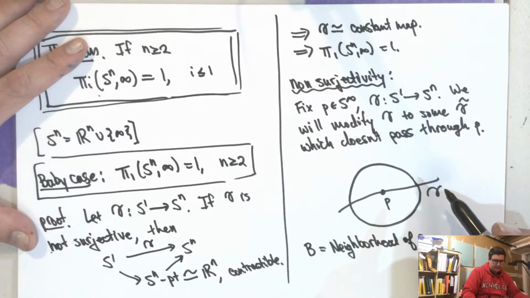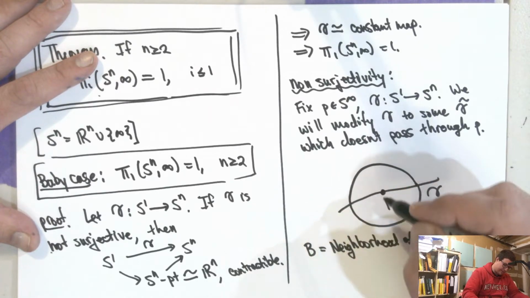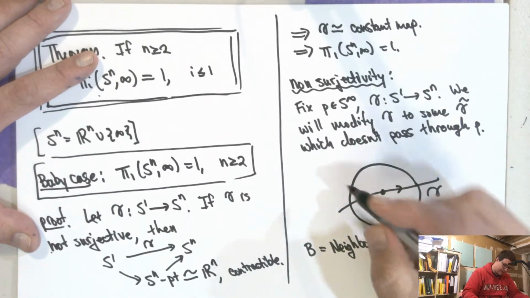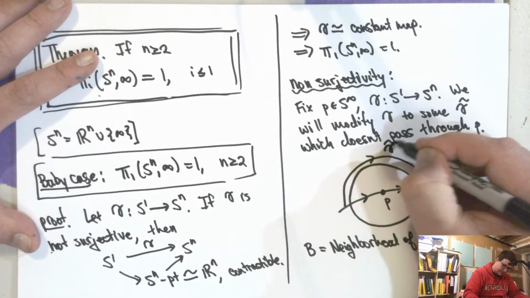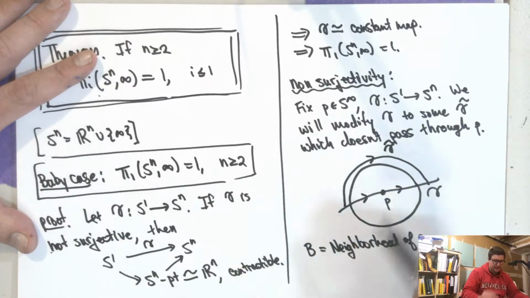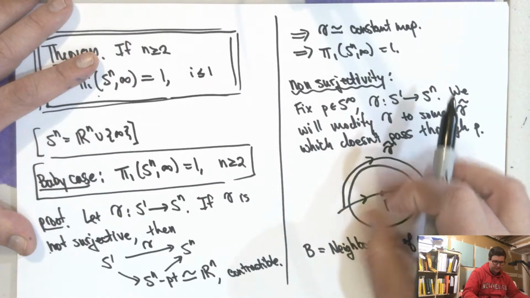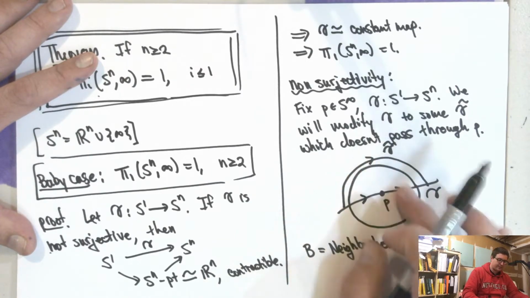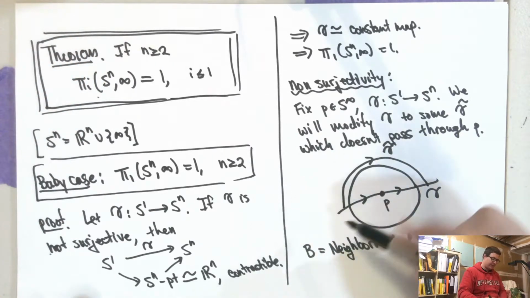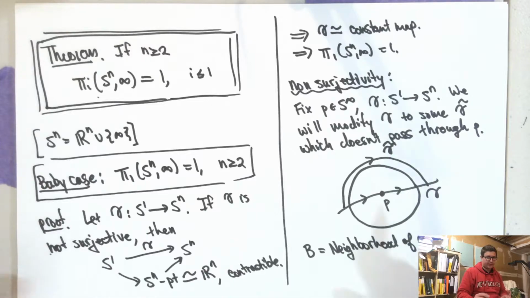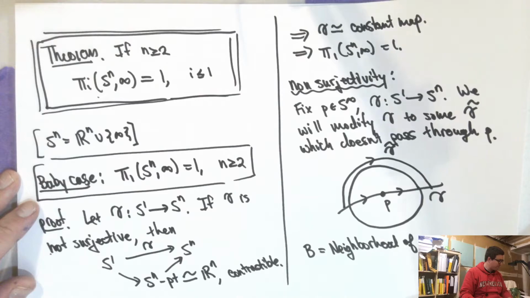Then this gamma tilde just goes around the neighborhood, and it'll be homotopic to this thing because this disk here is contractible. I could have put it inside here as well, but this is the idea: we just go around. But now we need to check that this is actually possible.